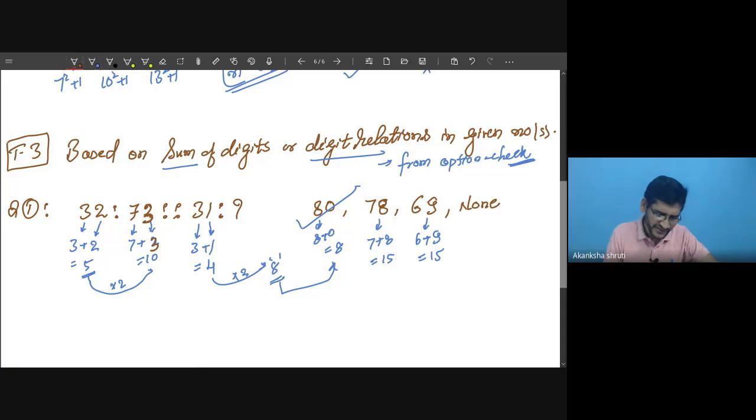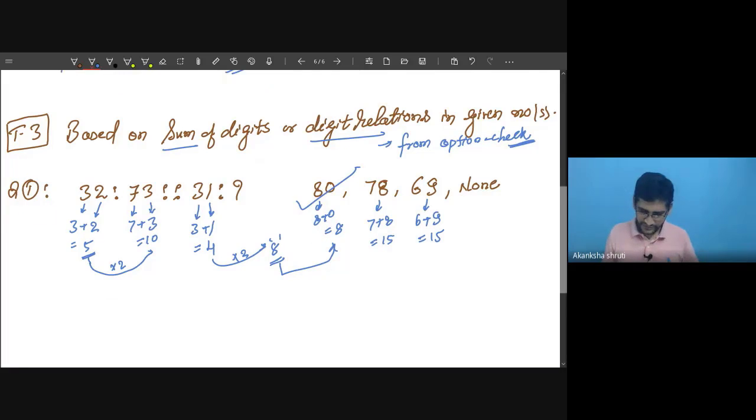But let us consider this number as 3. So 73, adding this 3, we are getting the same. The purpose was to make you understand there could be some digit relation. So let us do one more question.